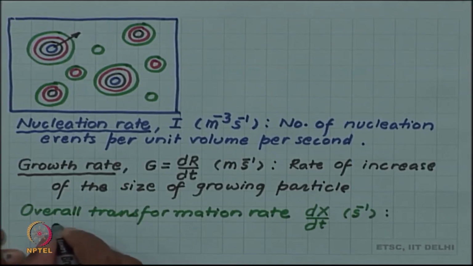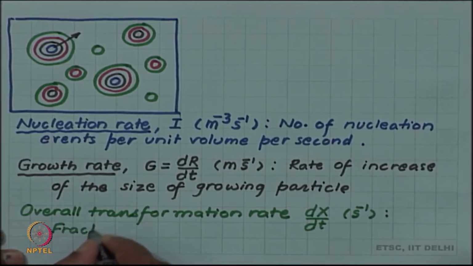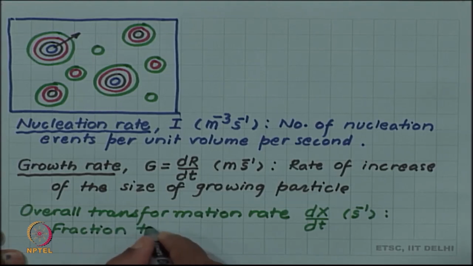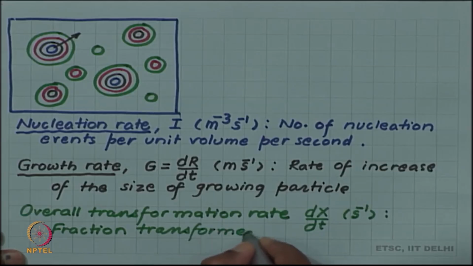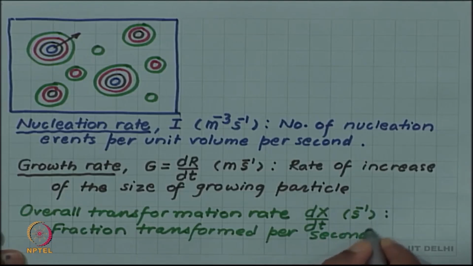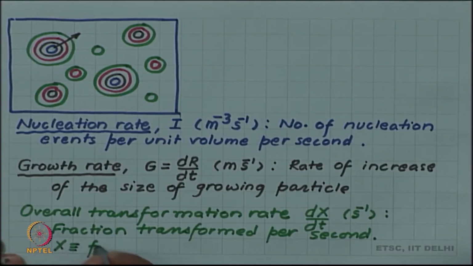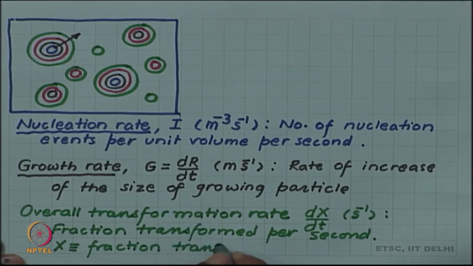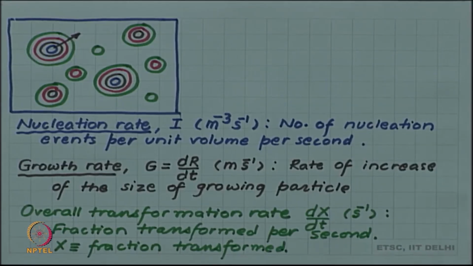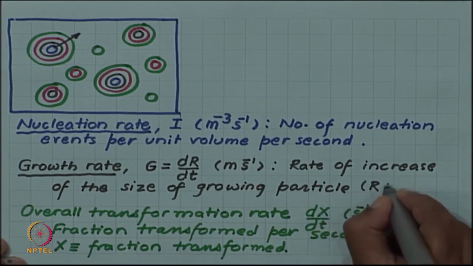So, overall transformation rate is fraction transformed per second. X is the fraction transformed. And here r is the particle size.